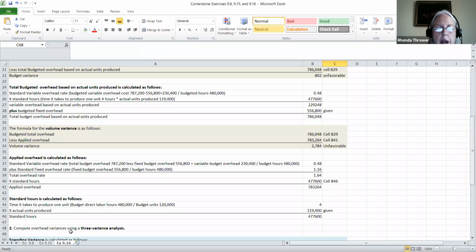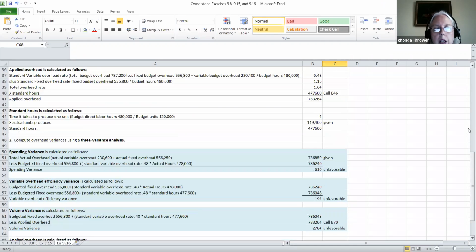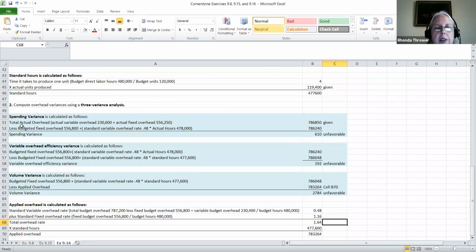Part 2 has you computing overhead variances using 3 variance analysis. So you'll notice that I've highlighted the 3 variance analysis in blue. When we are computing the 3 variance analysis, we're going to first compute the spending variance. And it's calculated as the total actual overhead, which was given. They gave you the variable and the fixed.